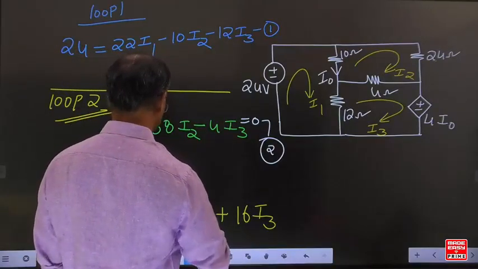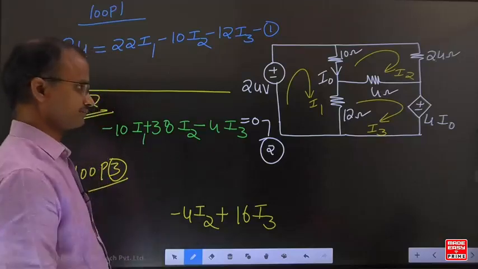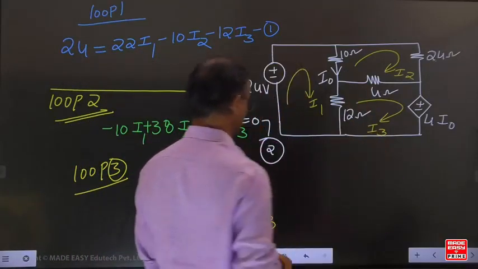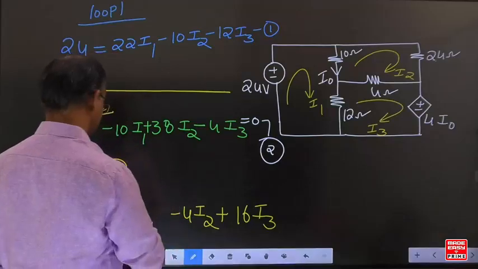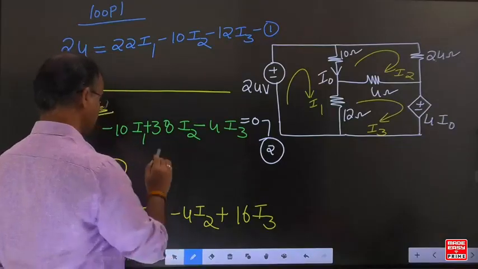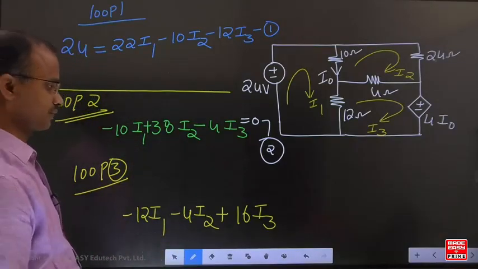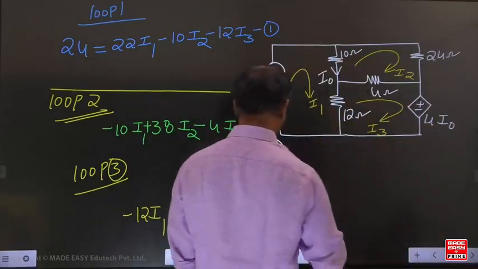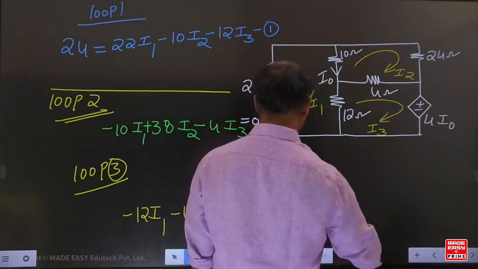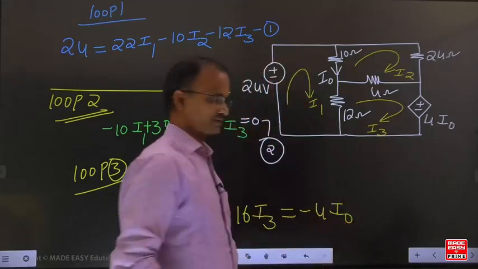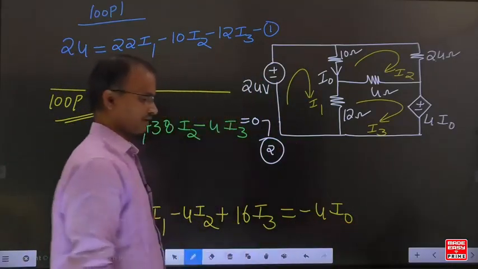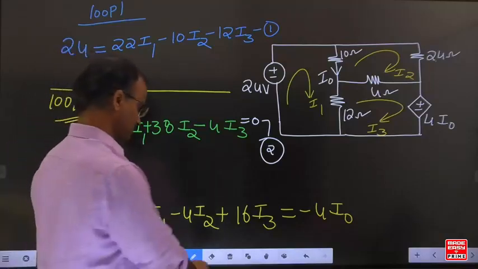Minus 4 I2. Now for this 12 ohm resistance, I3 and I1 are in the opposite direction. Now here, higher potential to lower potential is a voltage drop. If you write the voltage drop this side, what is the sign for this one? Minus.